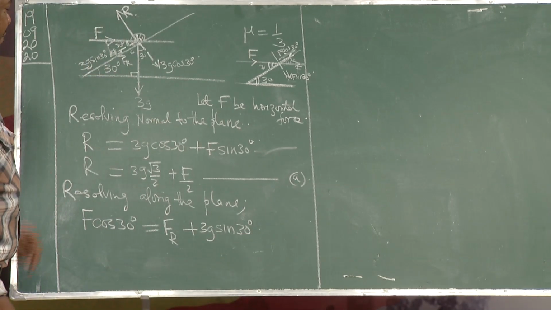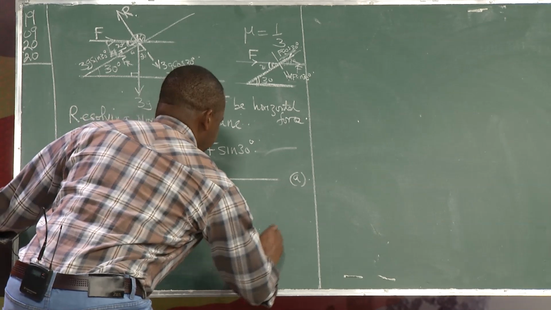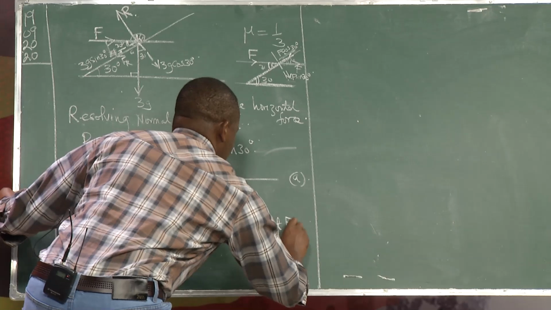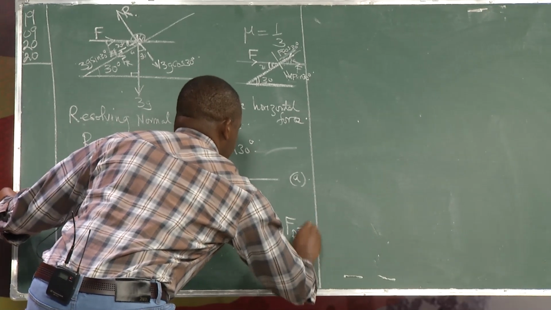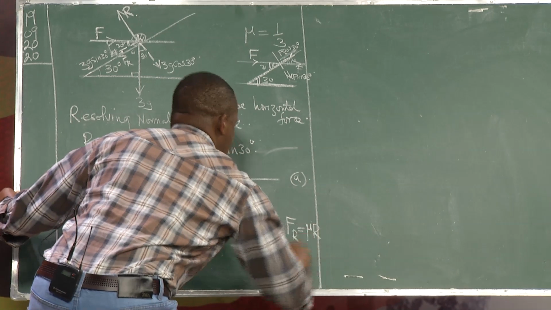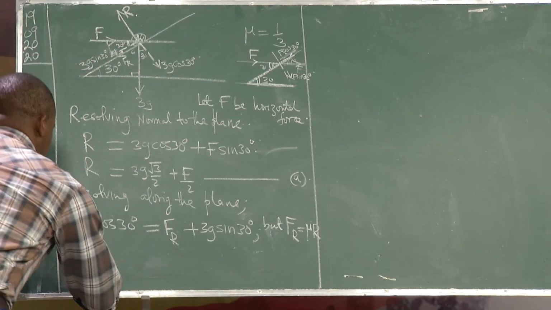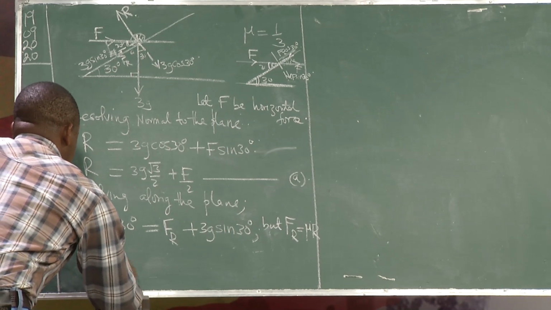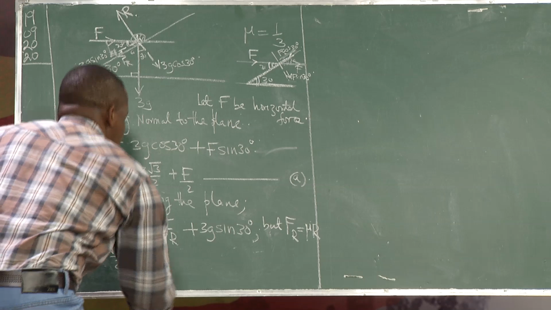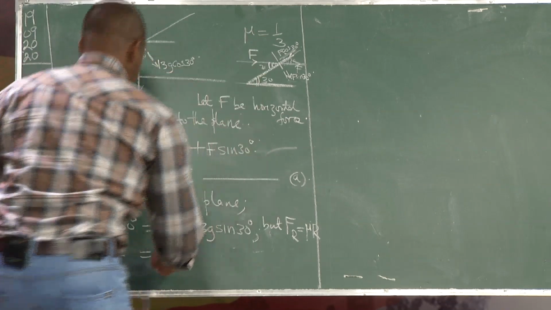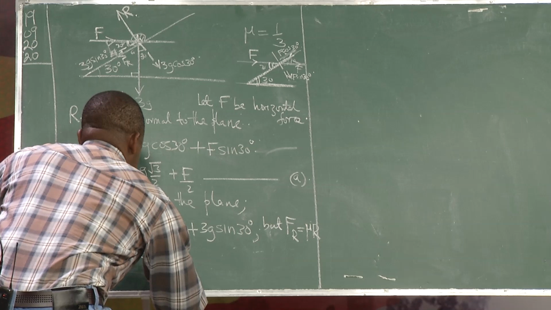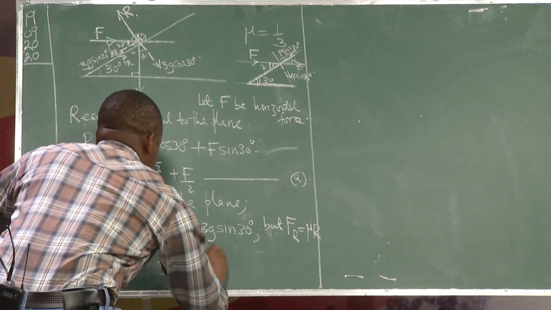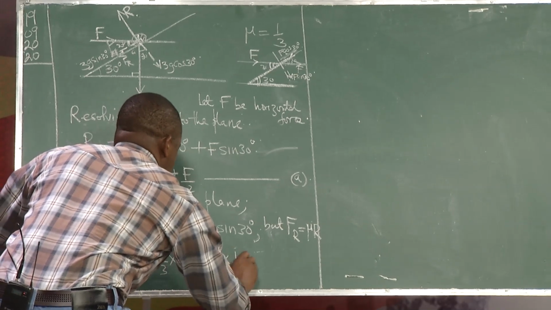But remember, we know that Fr is the frictional force, which is equal to the coefficient of friction times the normal reaction. So if I substitute in again, I have F times root 3 over 2 being equal to mu, and we know the value of mu, which is a third, times R plus 3g times a half.